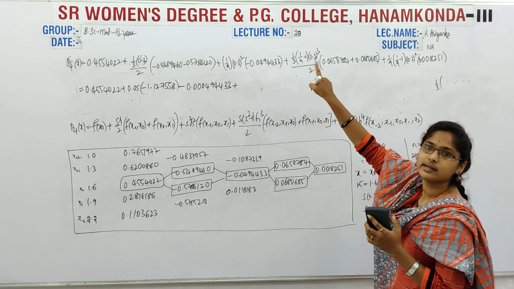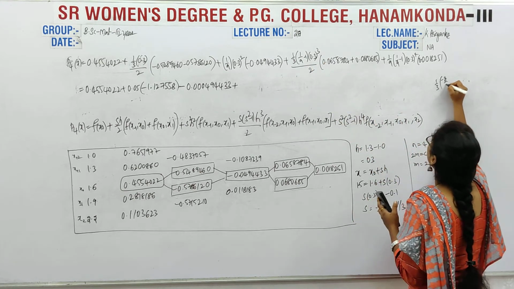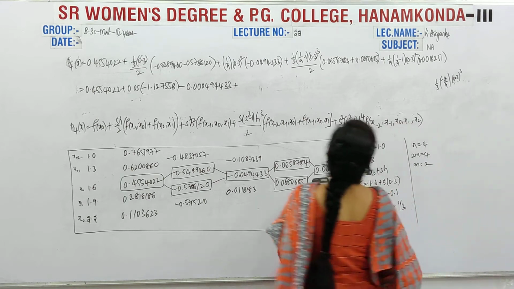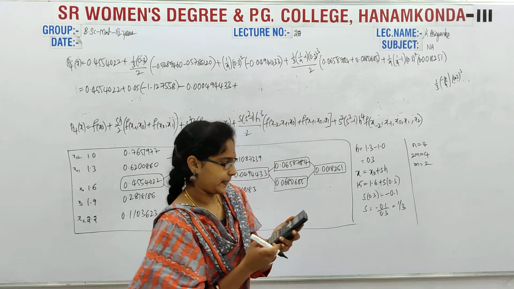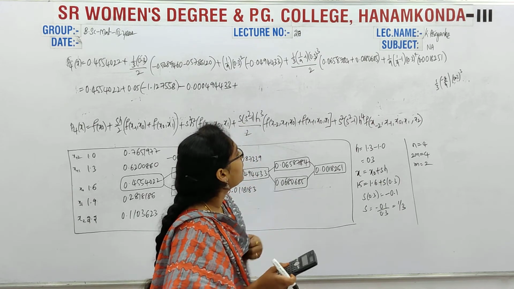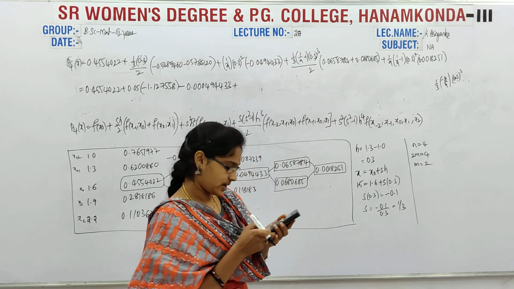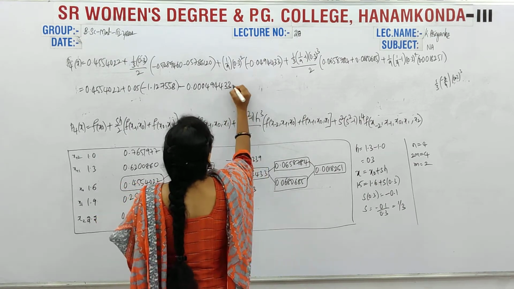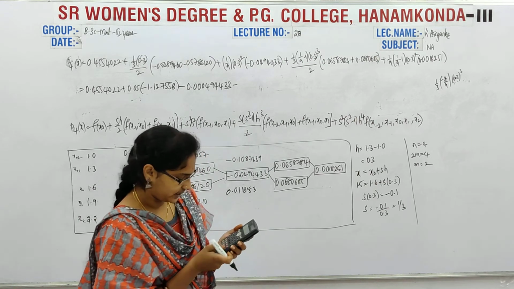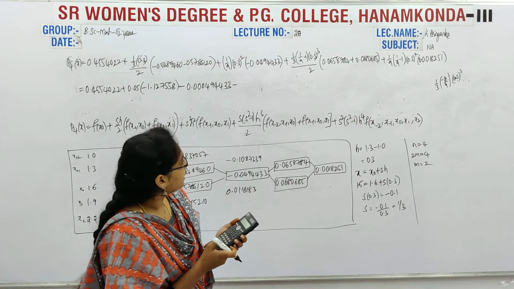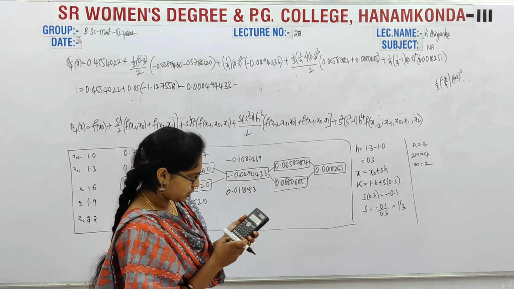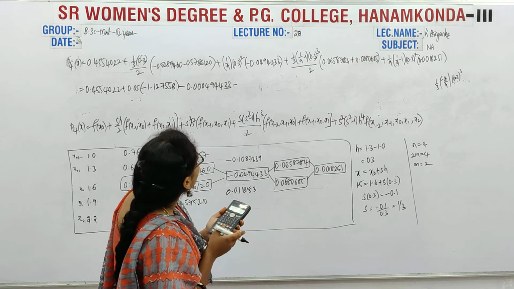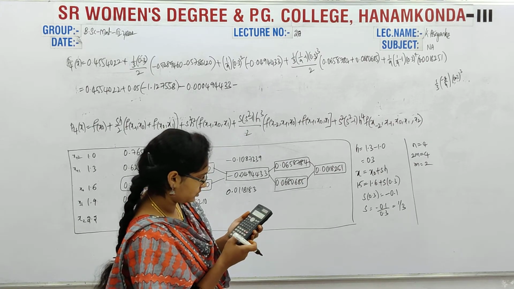minus 9, that means 1 minus 9, minus 8 by 9. Okay, so now here first of all 1 divided by 3. Otherwise directly minus 8 by 27. Okay, I am writing the sign is minus directly, that's it. Now 8 by 27 into open bracket 0.3 power cube, and next whole divided by 2.